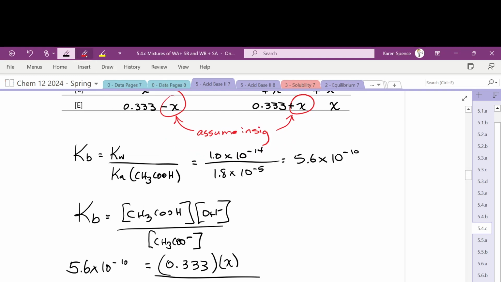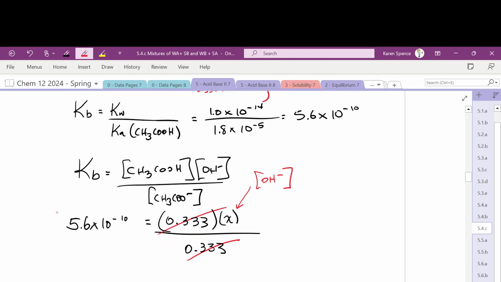And look, once again, we're at that point where they are exactly equal to each other. And remember, the x represents the concentration of OH minus. And remember that this is the KB. And what do we call that point that we're at where we have reacted half of the acid?